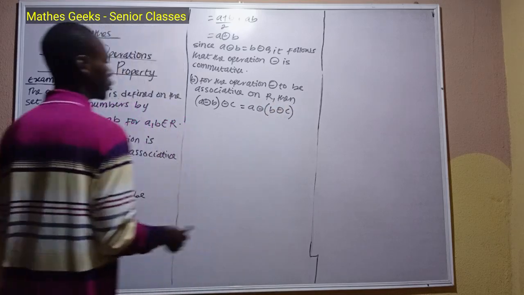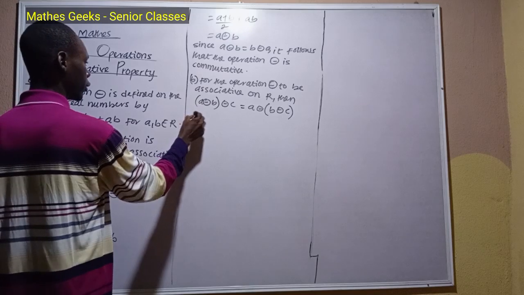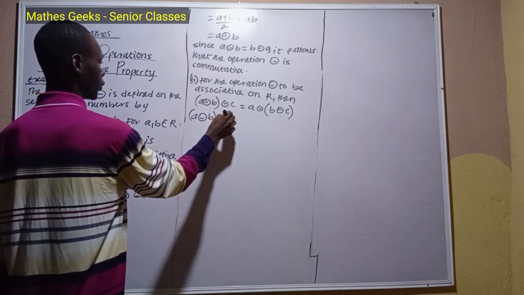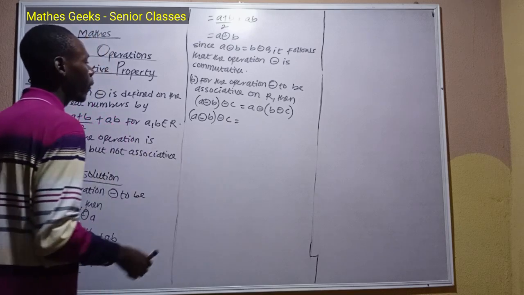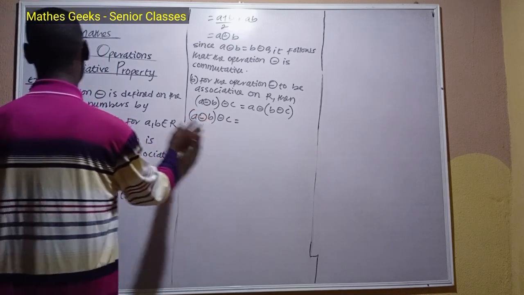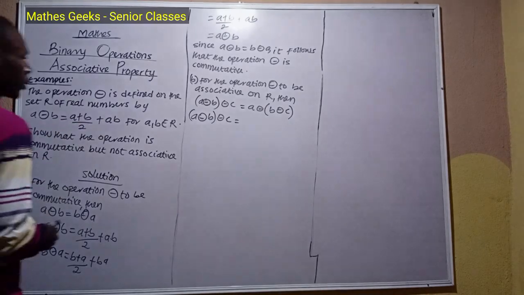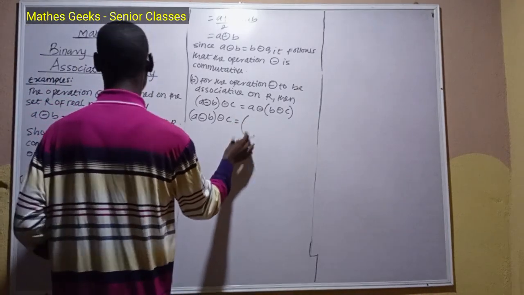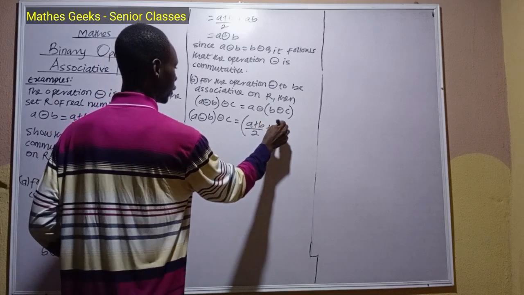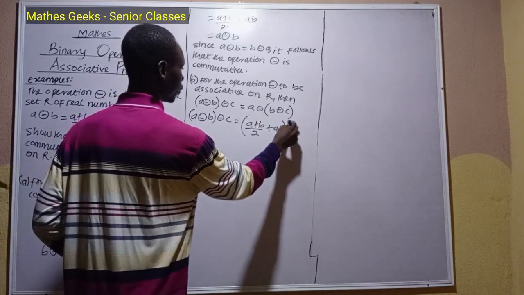So let's get this part first: (A operation B) operation C is equal to A operation B, and this part on A operation B is what you have here. So that will give us A plus B over 2 plus AB, operation C.